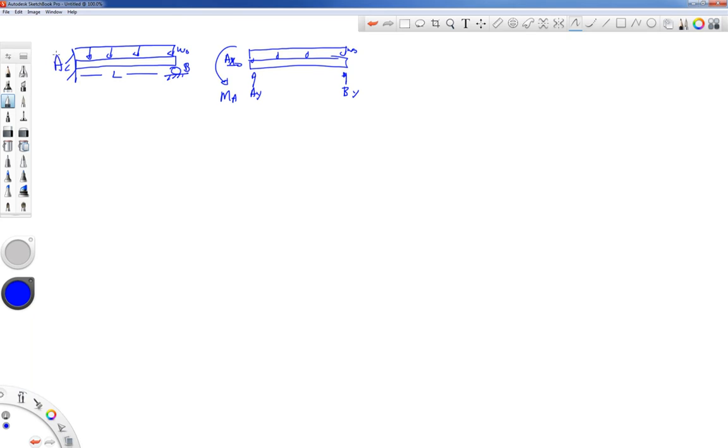If we count up our unknowns, we have four unknowns, and we have three useful equations of statics. If we take 4 minus 3, we get 1. The fancy way to say this is we have 1 degree of indeterminacy.